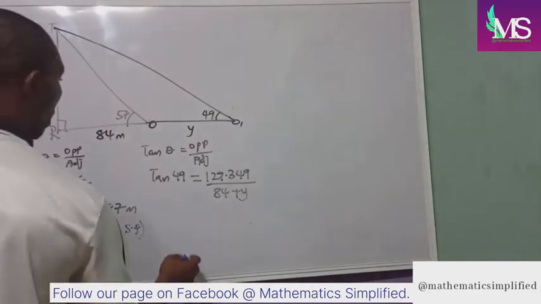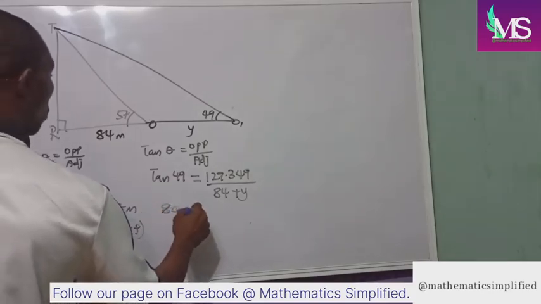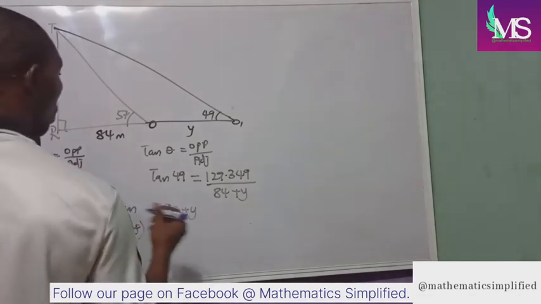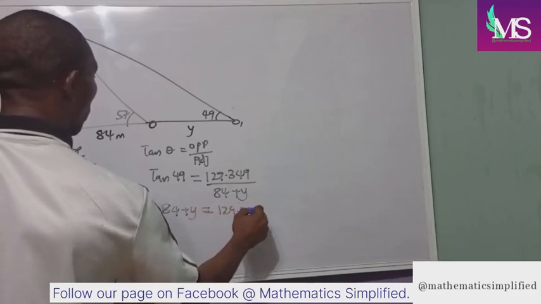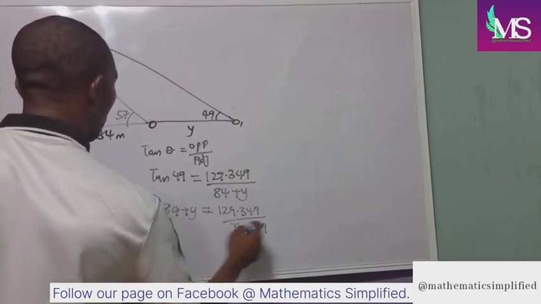Now cross multiplying will give us 84 plus y equals 129.349 all over tan 49.